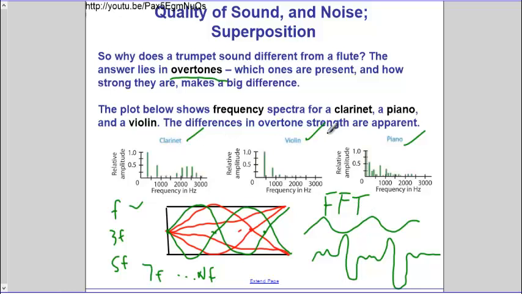Again, the differences in overtone strength are apparent with these graphs, and this is what gives musical instruments their characteristic values. And we use what's called superposition. We're combining all these different waves to come up with funky waves, and more on that now.